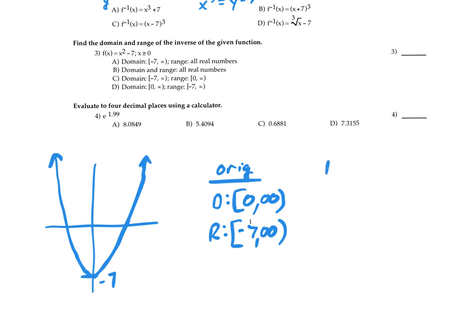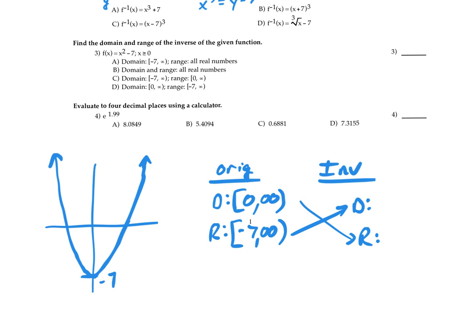And then it wants to know what is the domain and range of the inverse. So the range becomes the domain, and the domain becomes your range. Okay. So you just flip-flop. So in my answer key, when I post my answer key, the real answer here would be C, okay?